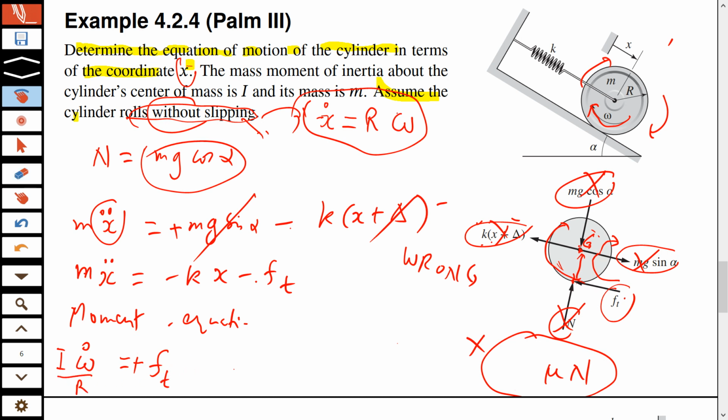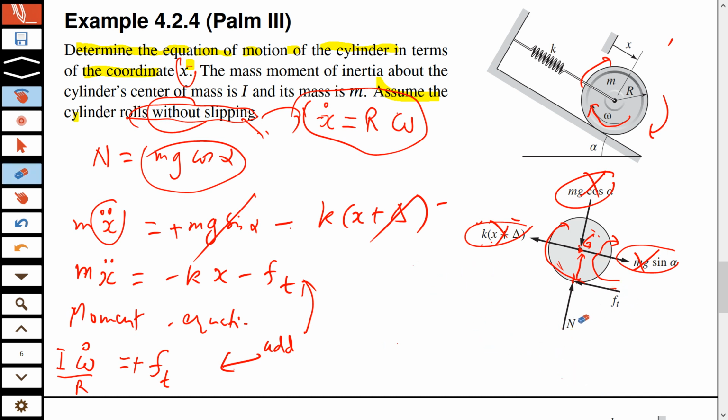Now I have plus ft and minus ft, so this gives me a hint to add these equations so that I get rid of this unknown quantity, and that will give me, the addition will give me m x double dot plus I over r omega dot on the left hand side, and on the right hand side I'll be only left with k minus kx because ft will cancel out with ft plus minus.